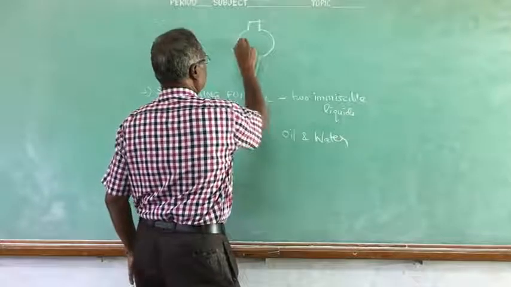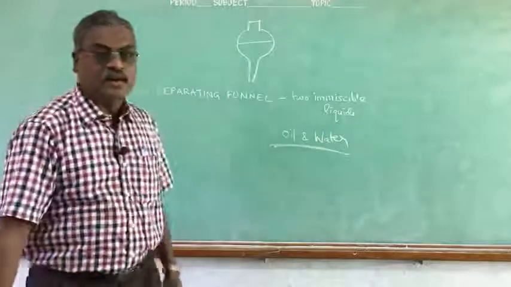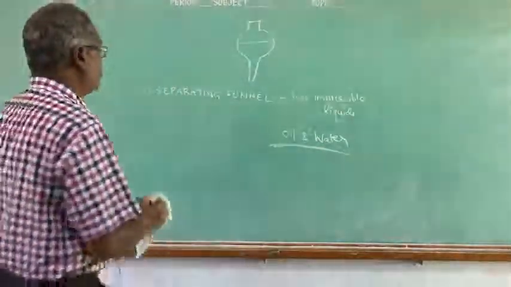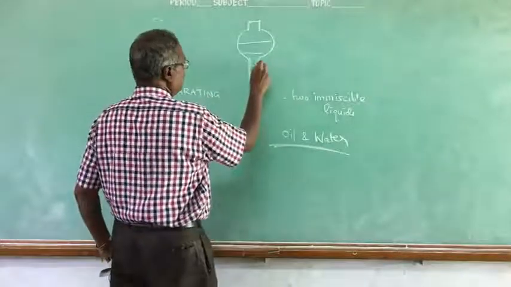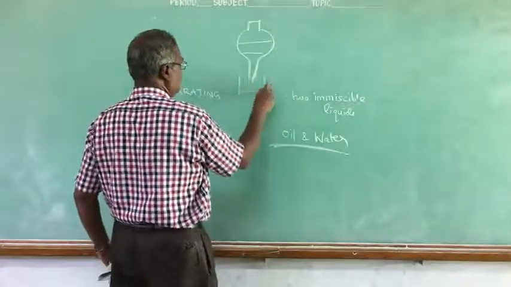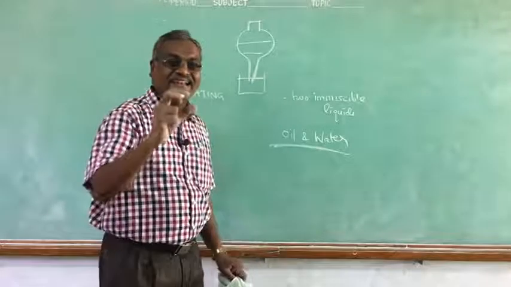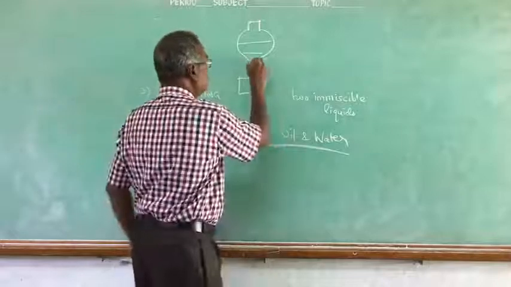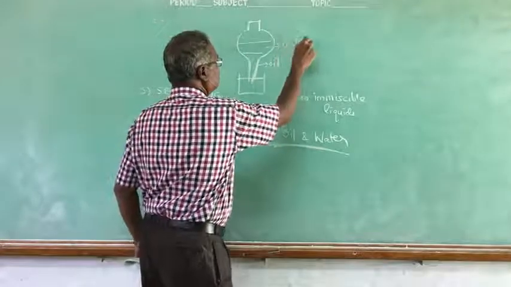In the separating funnel, add the mixture of oil and water. So what happens? See here, two layers will be there. Suppose oil is denser, then oil will be at the bottom and water will be above.